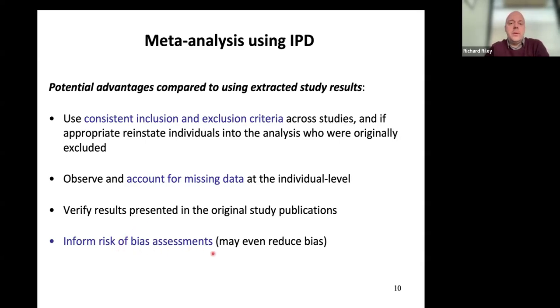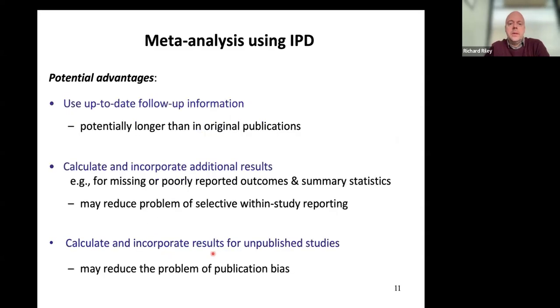We may even be able to reduce bias by doing analyses in a better way than they did originally. Come back onto that. We may be able to get up-to-date follow-up information. So maybe a study was published 5 years ago. You ask for their raw data, and they say, yeah, you can have this data, but also we have followed people up since the trial publication, and therefore we may get longer follow-up than the original publication.